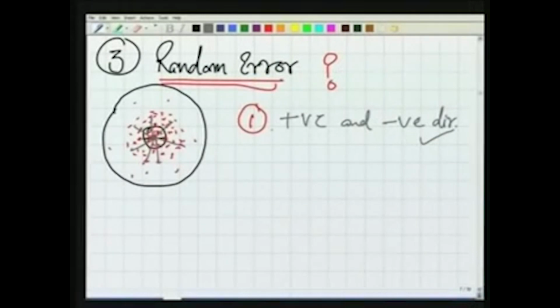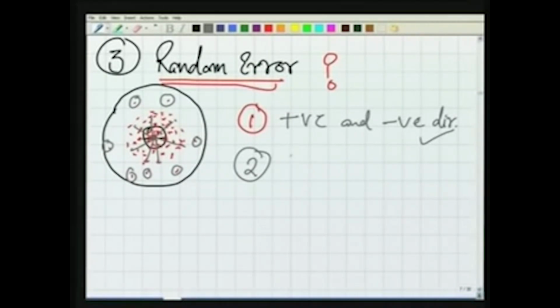Now point number 2 about random errors. What we see here is that random errors which are large in magnitude, for example this, occur very rarely. There is less possibility of large random errors occurring. But for random errors which are small, for example here where we have a huge concentration, the chances of occurring are more.